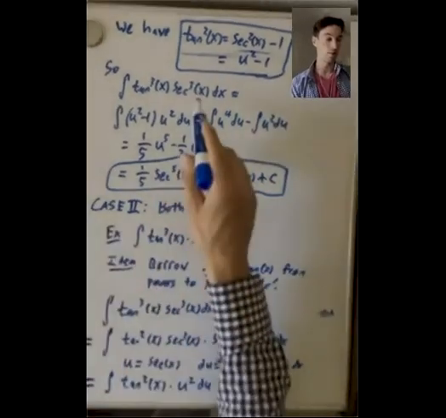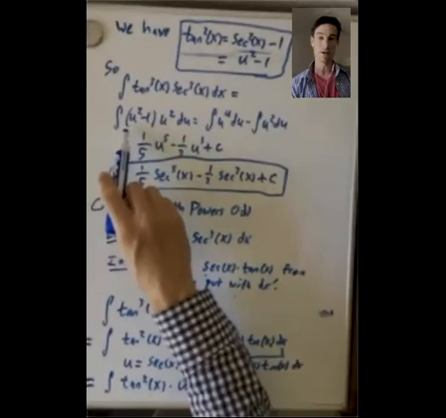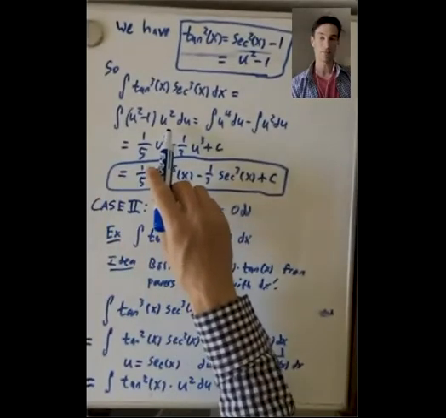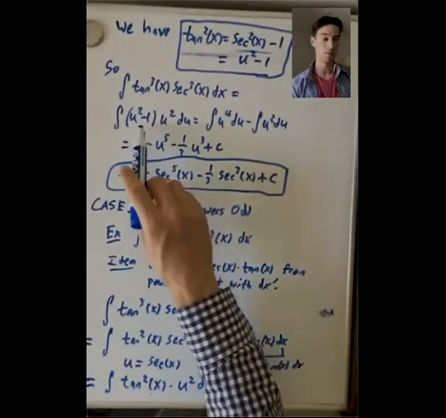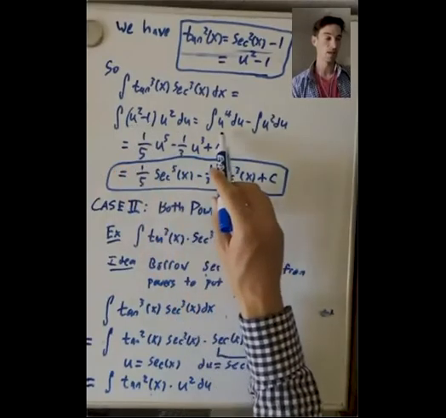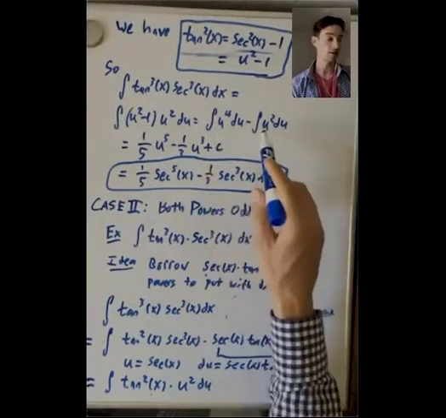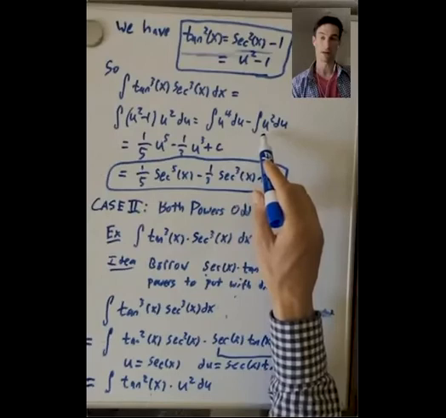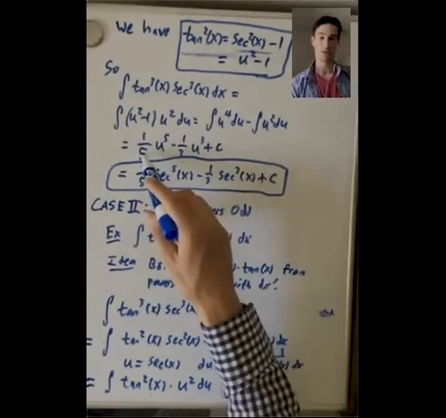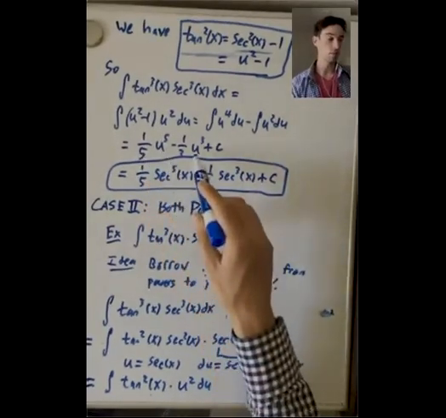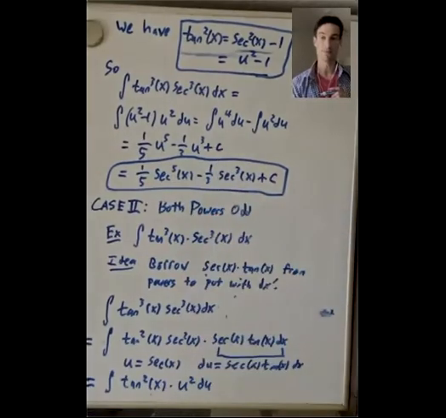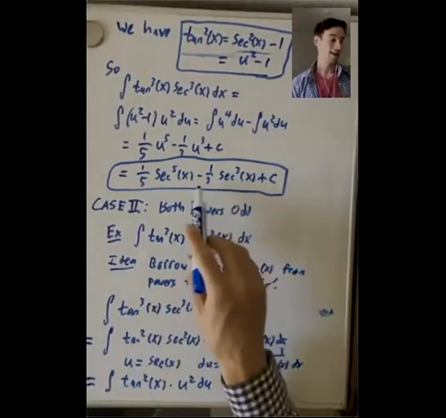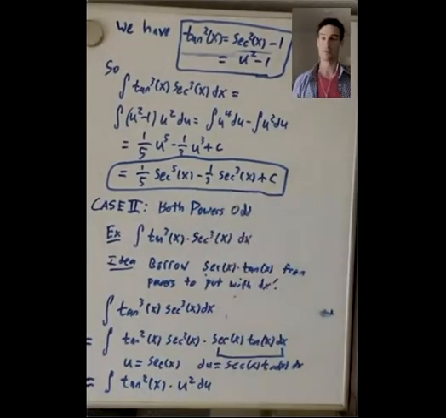So the integral we want to solve is the integral of u squared minus 1 times u squared du. We expand the u squared. We get the integral of u to the 4th du minus the integral of u squared du, which is 1/5 u to the 5th minus 1/3 u cubed plus c. And we substitute back in u equals secant x, and that gives us what we were looking for.